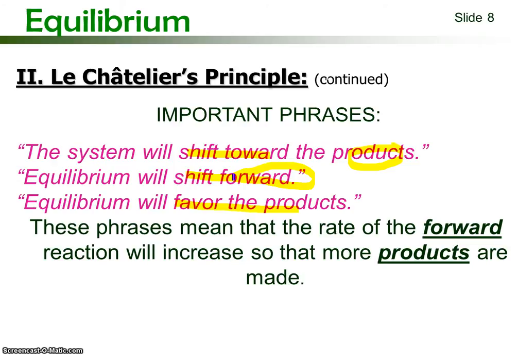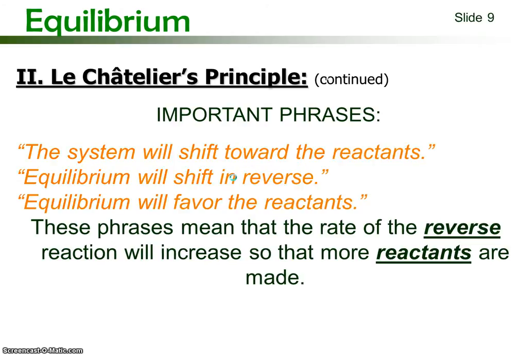If we were talking about a change that shifts towards favoring the reactants, we would just change our phrases to say it will shift towards the reactants, or shift in reverse, or the equilibrium will favor the reactants. All of these phrases mean that the rate of the reverse reaction will increase so that more reactants are being made.